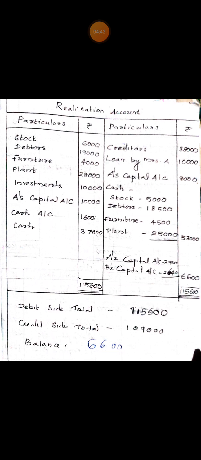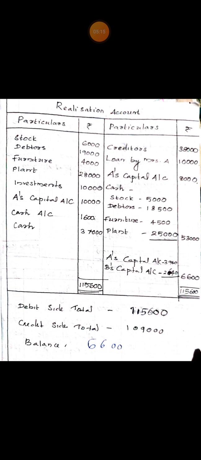Next, adjustments. First adjustment, A took investment at an agreed value of rupees 8,000. He also agreed to settle loan by Mrs. A. First, for the investment taken over by A, realization of assets are recorded on the credit side of realization account.